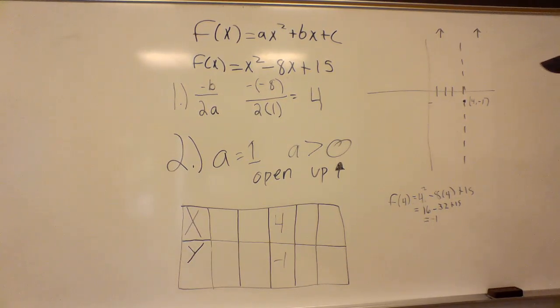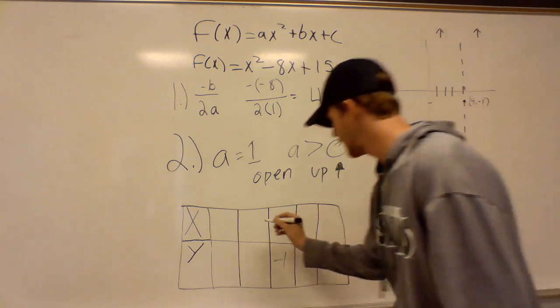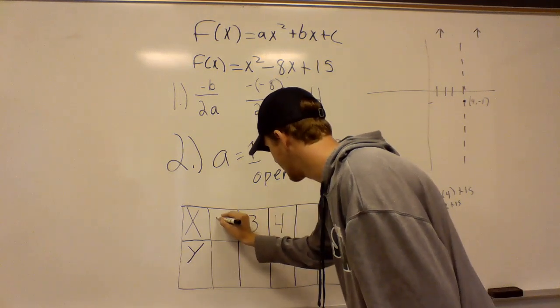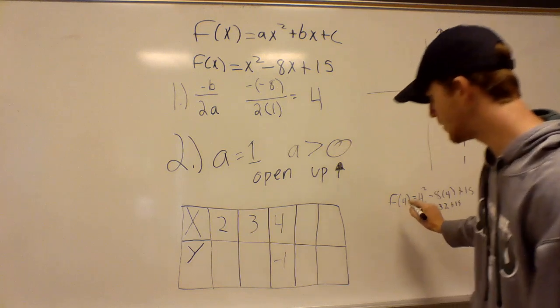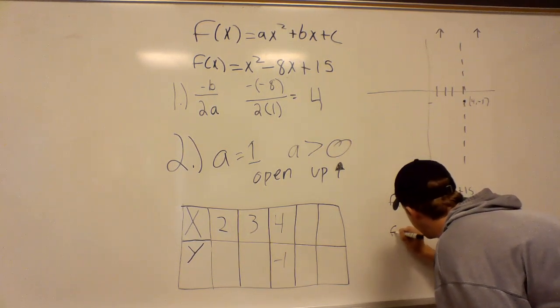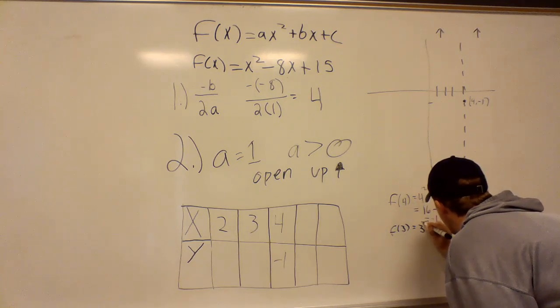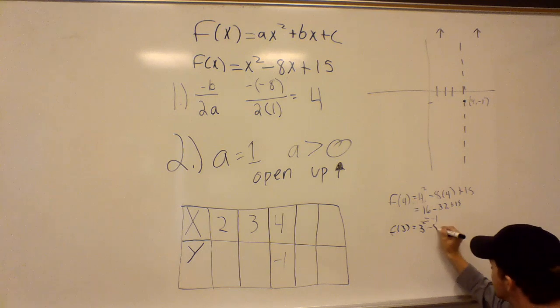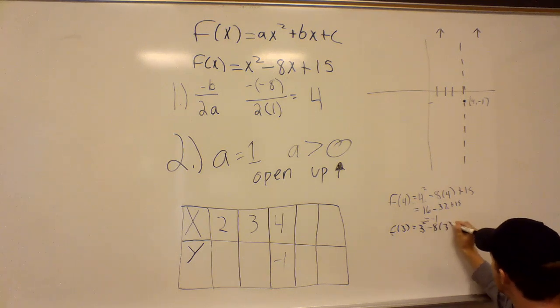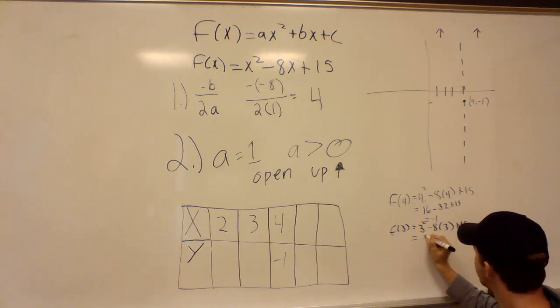Alright, now that we have our first point, let's find 2 points to the left of our vertex, and let's use the points 3 and 2. As we did with 4, we're going to do again with 3. So f of 3 equals 3 squared minus 8 times 3 plus 15, and that will come out to 0.